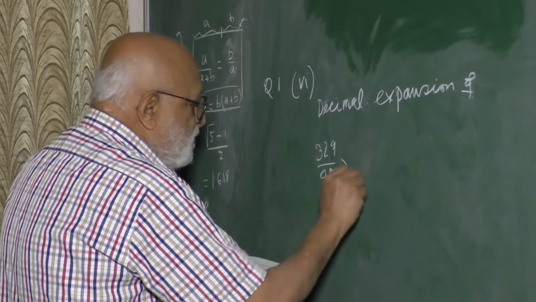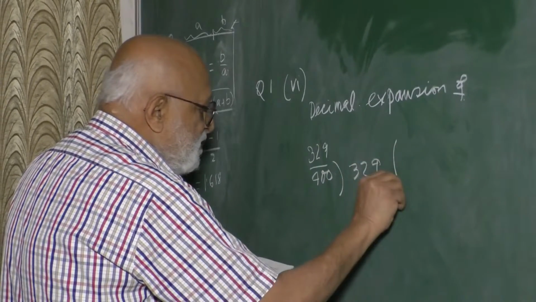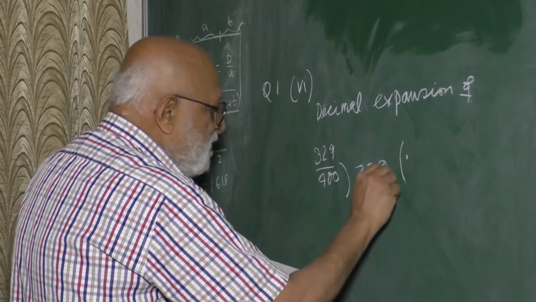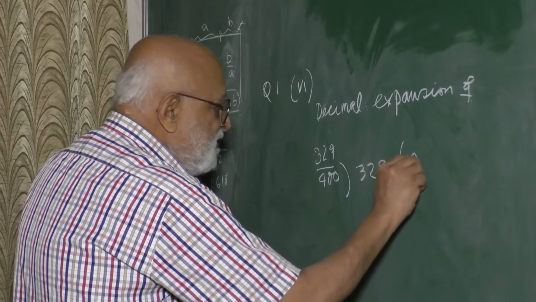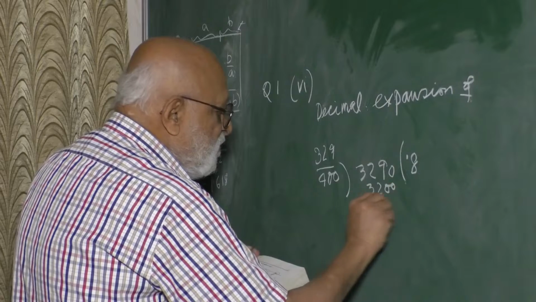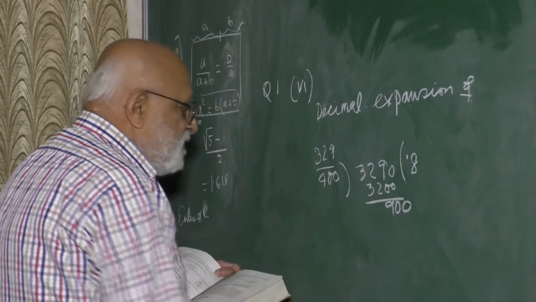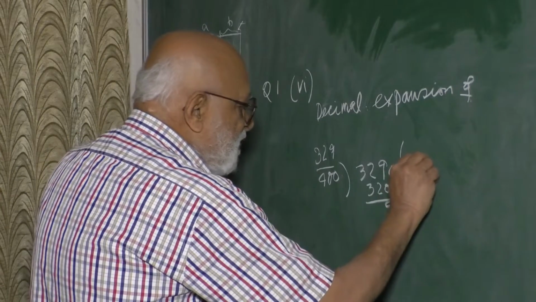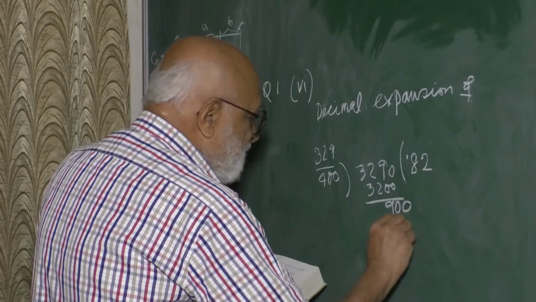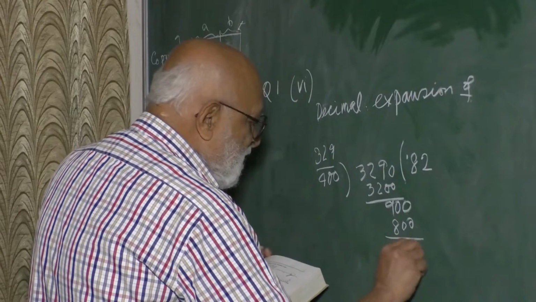Okay, so how do we do it straight away? So let us do this. Decimal expansion means you have to do long division, so you put a 0 here, so it's 80, so 8, 32, 0, 0. Then 90, and because of this you put a 0 here, it becomes 2, so this is 800, then this is 100.